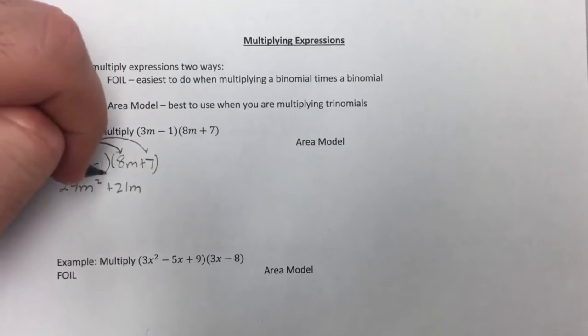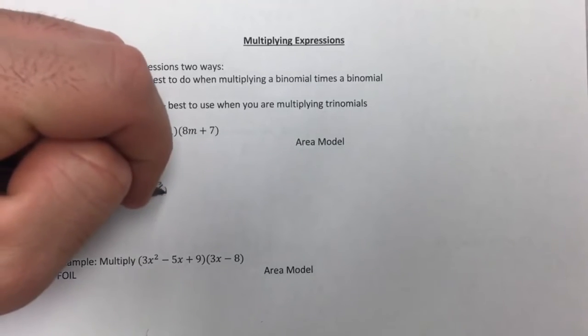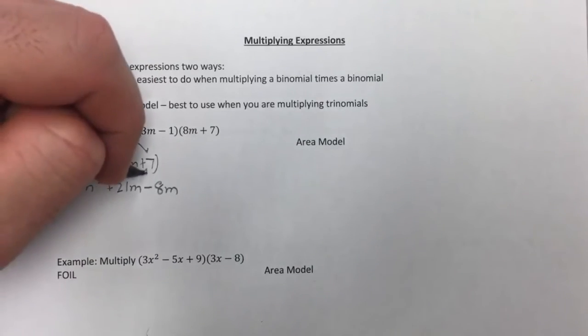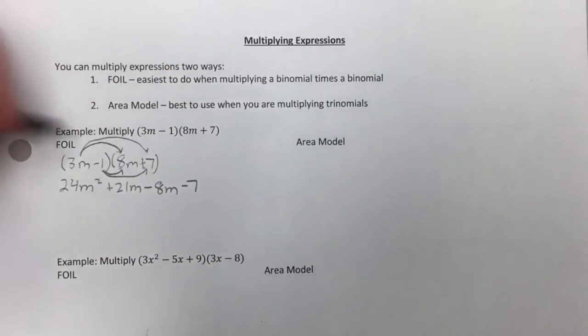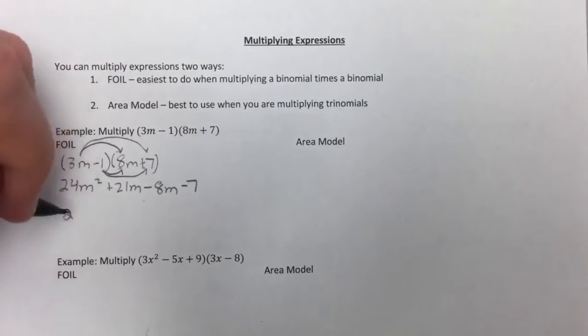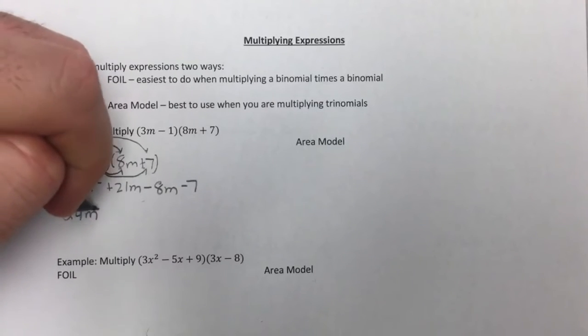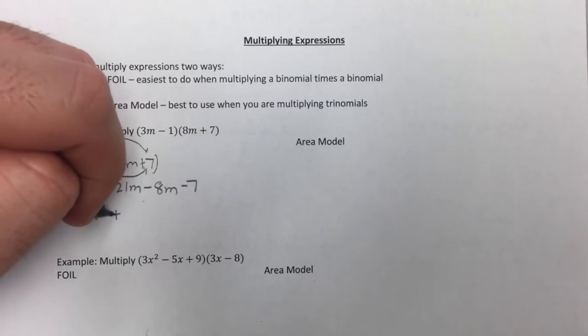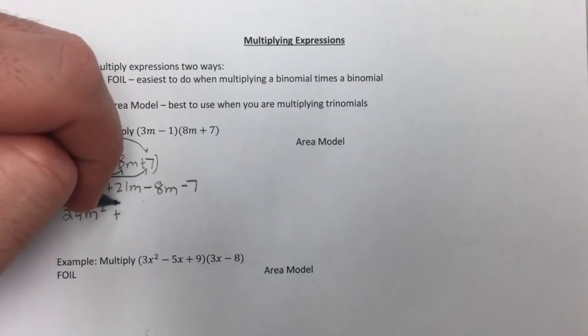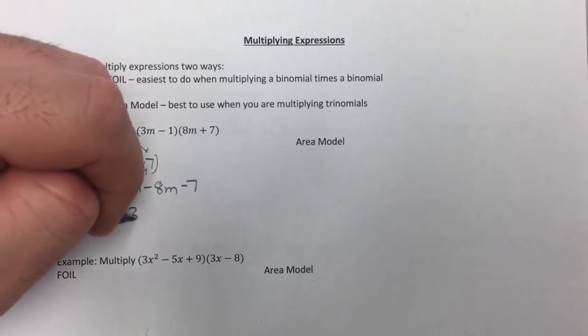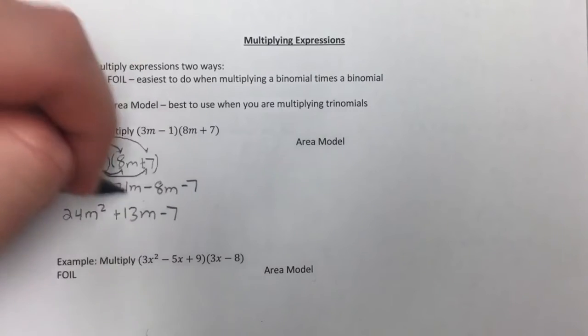Negative 1 times 8m is negative 8m. And then -1 times 7 is -7. And then you're always going to have like terms that you then want to add. So 24m squared plus 13m minus 7.